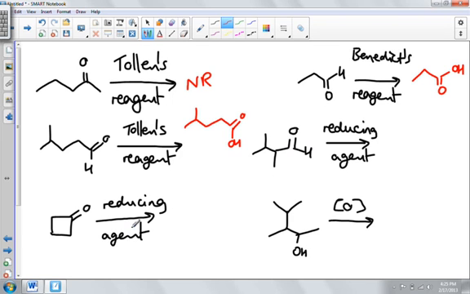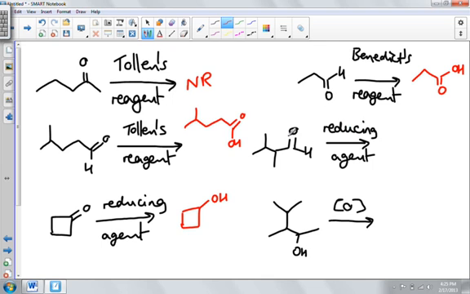Now, what did we say? We said reduction is the opposite of an oxidation. So if you go from a secondary alcohol to a ketone via oxidation, you'll go from a ketone to a secondary alcohol by a reduction. So all you do is replace the C double bond O with an OH. And actually that's the case for an aldehyde too.